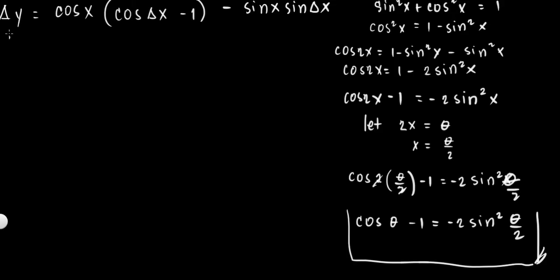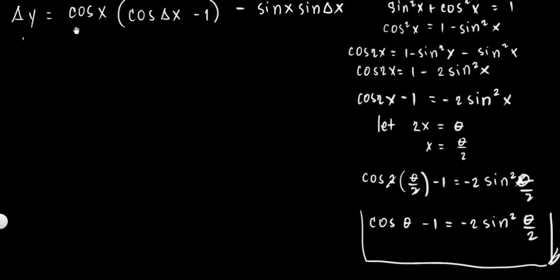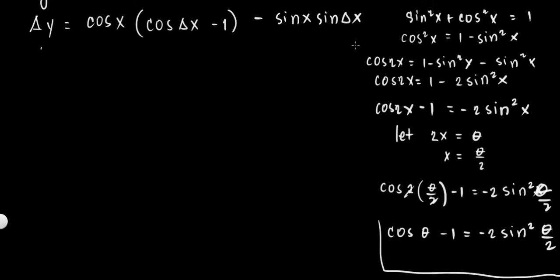So now, okay, we have here delta y equals cosine delta x minus 1 is parang ganito. So minus 2 sine square of delta x over 2.